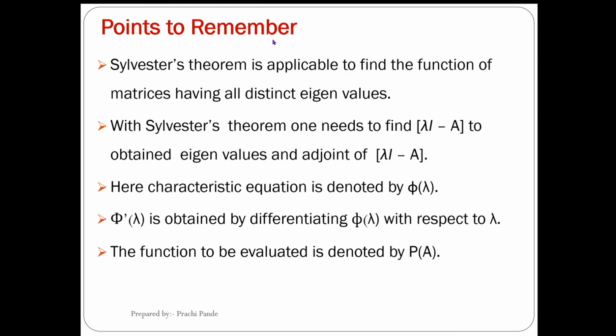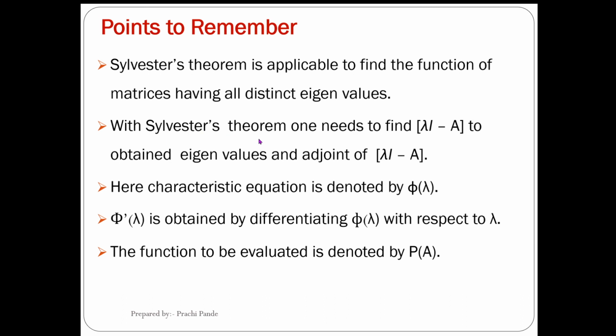Now the important takeaway points from this lecture are: Sylvester theorem is applicable to find the functions of matrices having all distinct eigenvalues. This is very important: we can apply Sylvester theorem only for distinct eigenvalues.